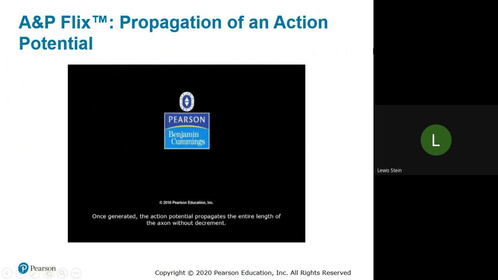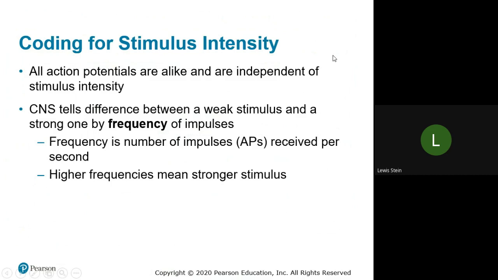Okie dokie. So that gives you a good idea. The speed is very, very significant. Okay. Action potentials are independent of intensity. Again, intensity is measured by frequency of stimulation. That's the amplitude.